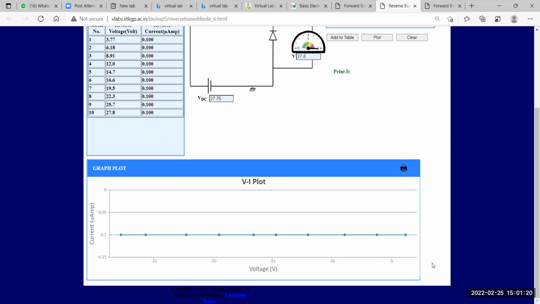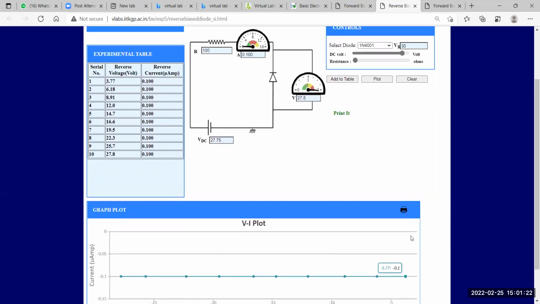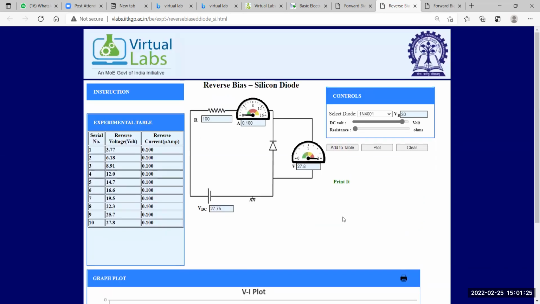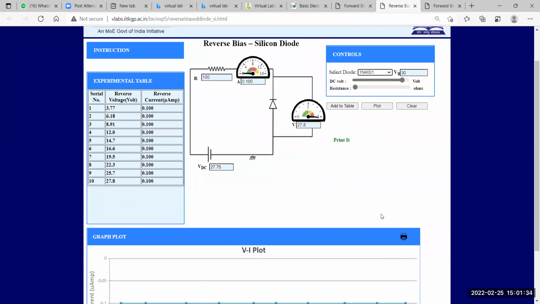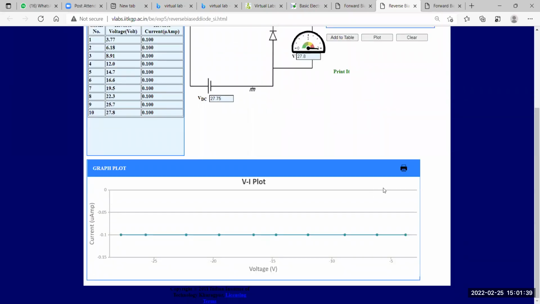There is ideally no current in this portion.